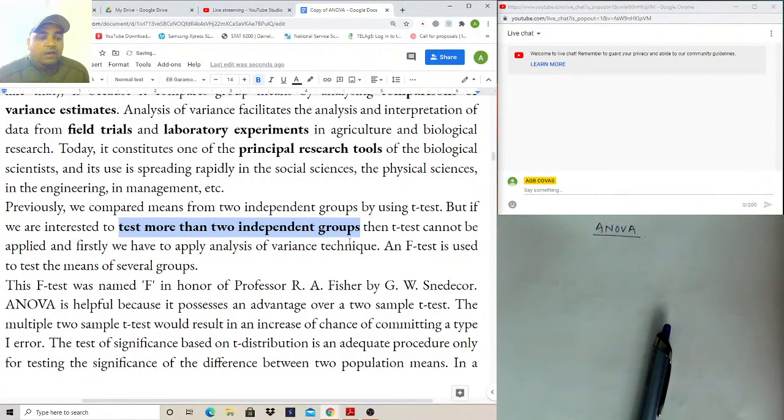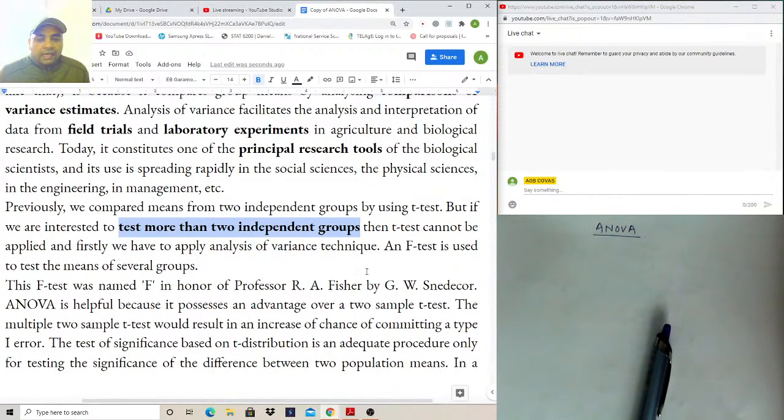Then the t-test cannot be applied, and we have to apply the analysis of variance technique, because here there are more than two independent groups. If it had been two groups, then the t-test is used.